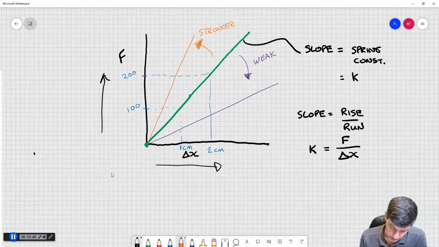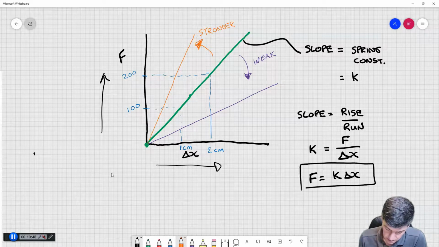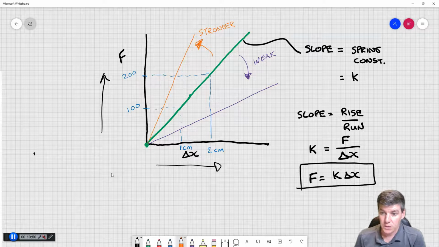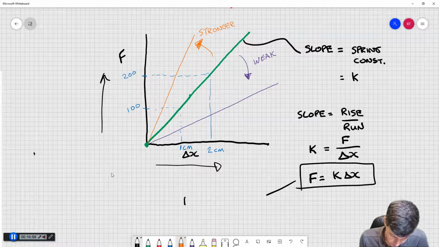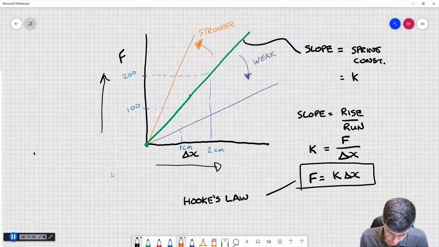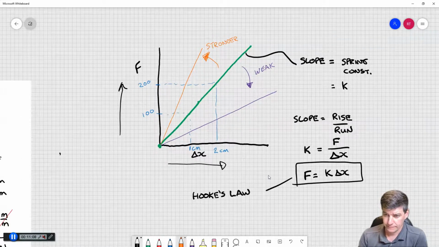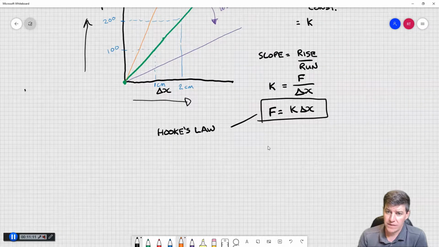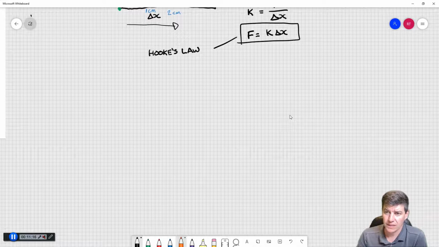And if I rearrange that, I get an equation: force is equal to k times the change in length. That's a pretty universal equation for a spring, and it's what's known as Hooke's law. So we have a way to measure how a spring performs, and we have Hooke's law to demonstrate that for us.